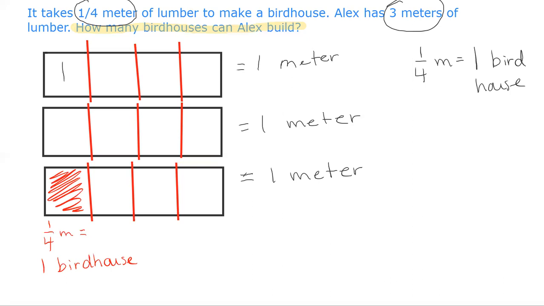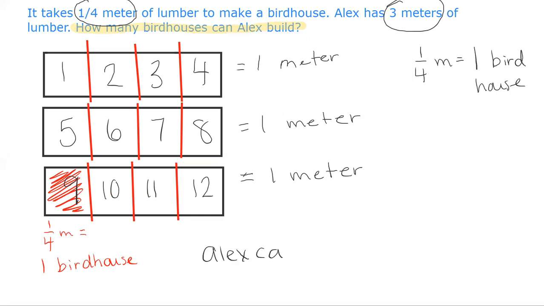So here's 1, 2, 3, 4, 5, 6, 7, 8, 9, 10, 11, 12. So Alex can make 12 birdhouses.